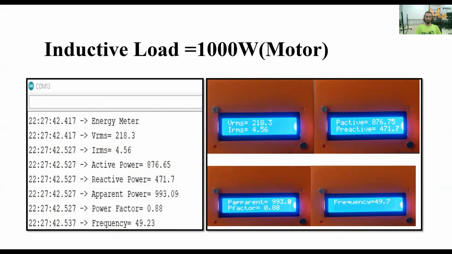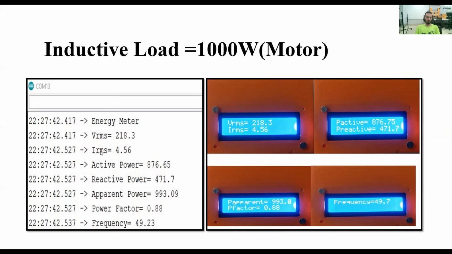If we talk about the inductive load, we have connected a 1000-watt motor with our energy meter. So we are getting VRMS 218.3.